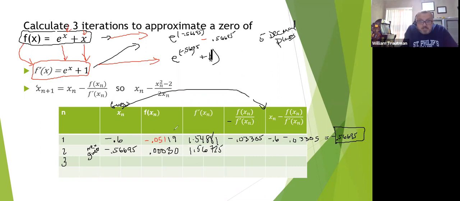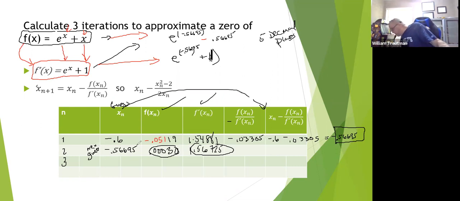And then when I divide these two right here, it says I get 0.00019, and that's a positive.